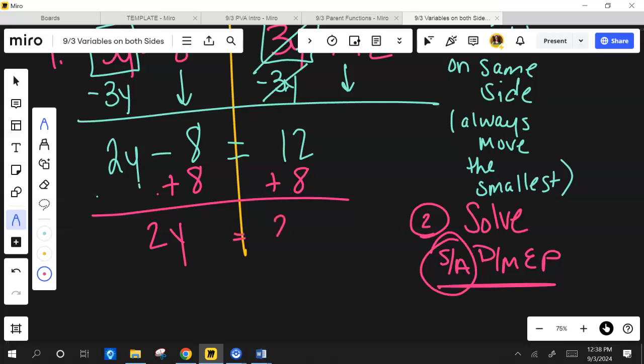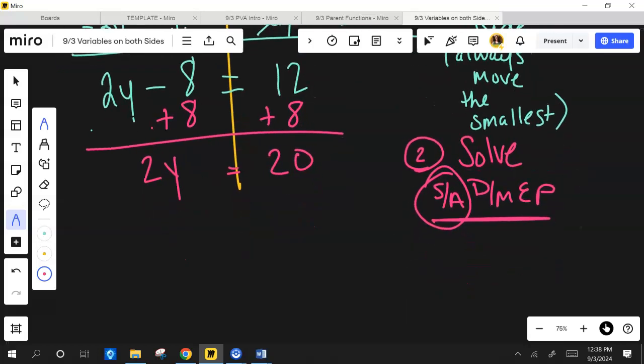All right. What comes next, Samik? You're on a roll. Keep it going. What comes next? Multiplication and division, right? So what do I do?